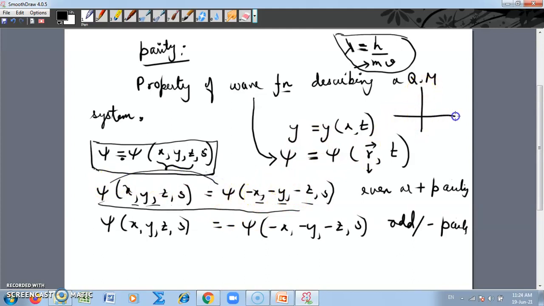Let's look at this one. If this is x, then this is -x. That means it's the same here and same here. And what about y? From here and here. So it's called reflection symmetry, symmetrical about the y-axis and so on.